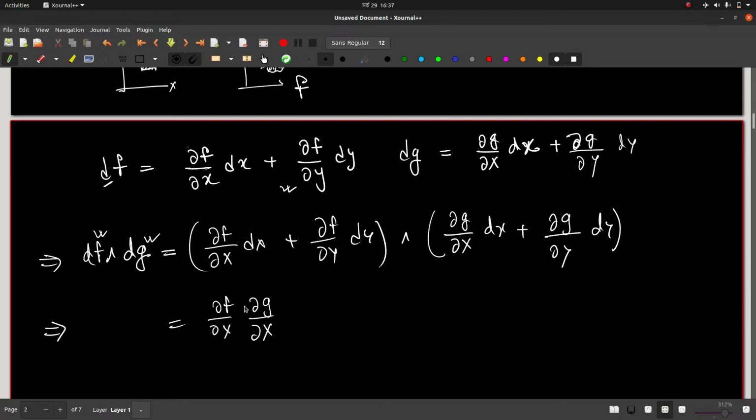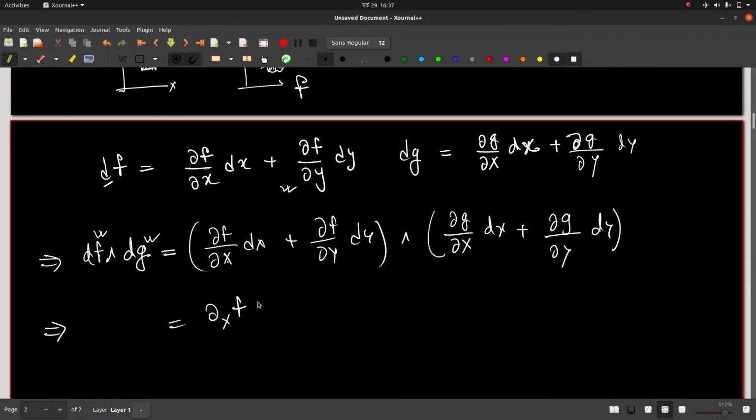Instead of writing this del f del x like this, we can write it as del x f. This index will indicate with respect to which variable we are taking the partial derivative. So if I write in that way, this becomes very simple to write.